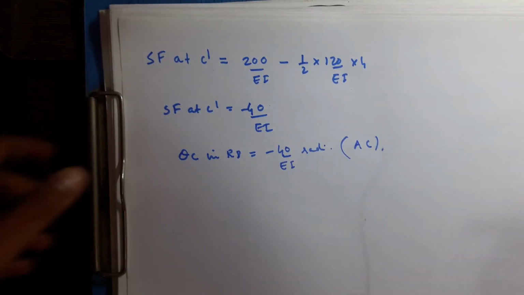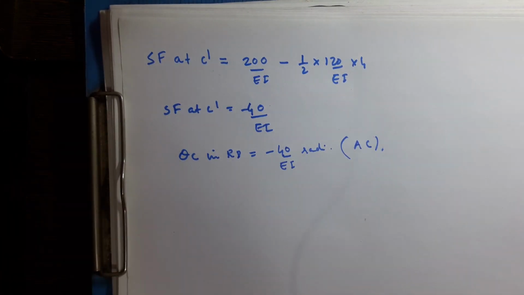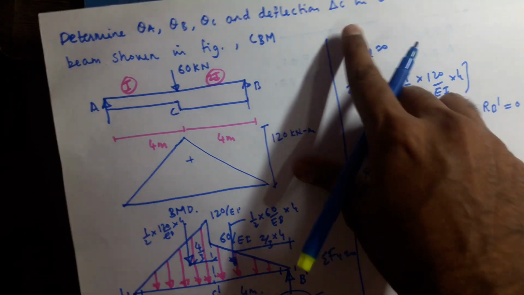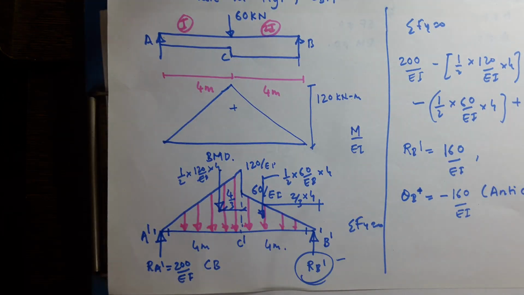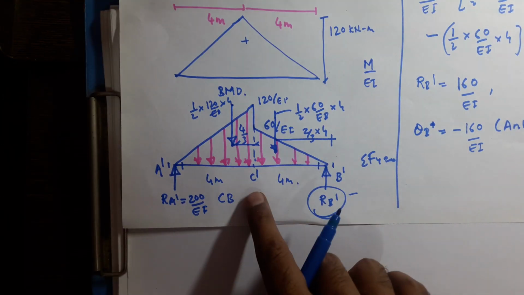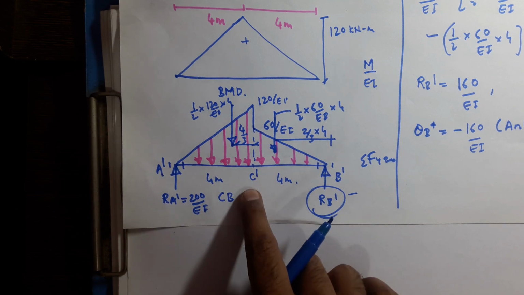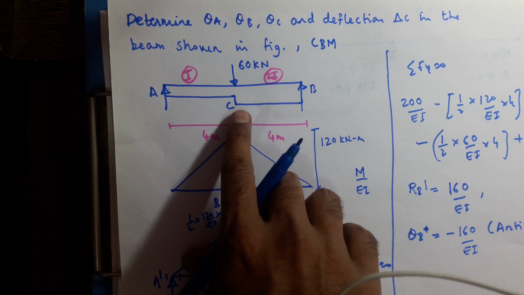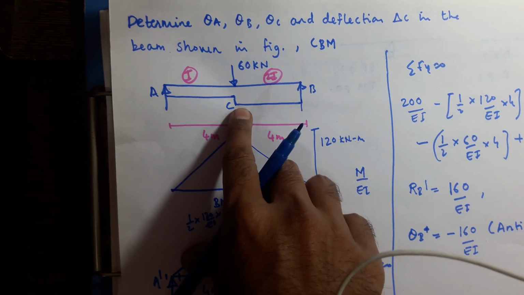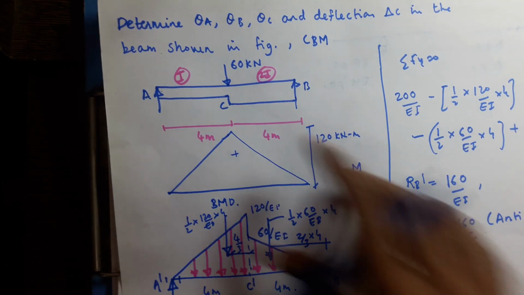Now what we have to find here? Now we have to find delta C, deflection at C in the real beam. So we have to use theorem 2. Moment at C dash in the conjugate beam will be equal to deflection at C in the real beam, okay.